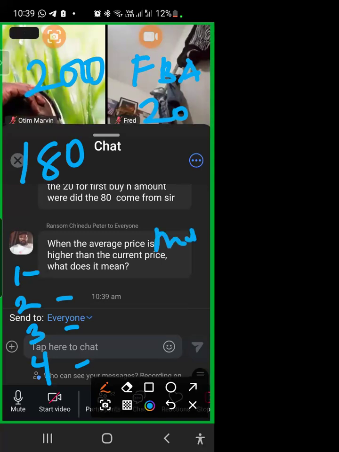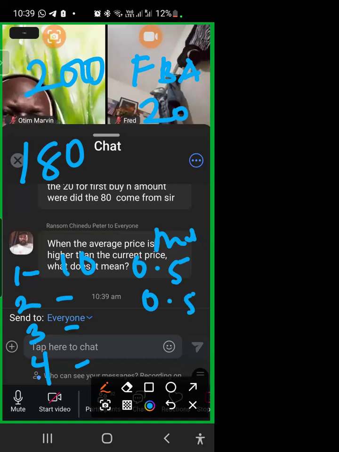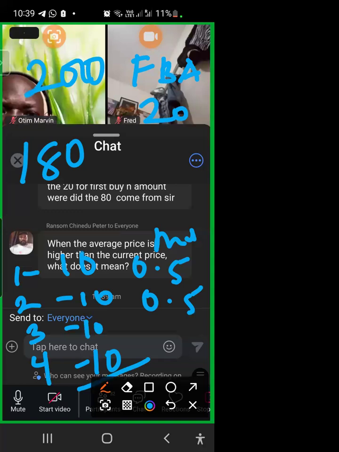Multiple buying ratios. At the first call, you allocated 0.5. This is half of 20, meaning at the first call it is going to expose 10. Second call, you allocated 0.5, which is 10. Third call, 0.5, which is 10. And the fourth call, 0.5, which is 10.